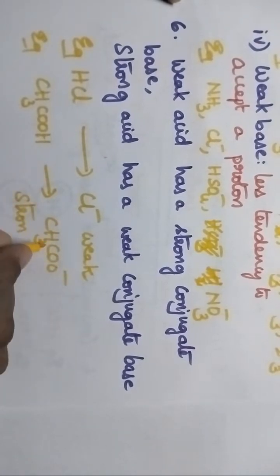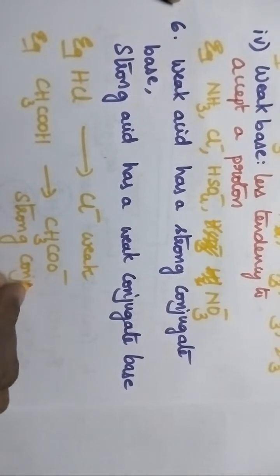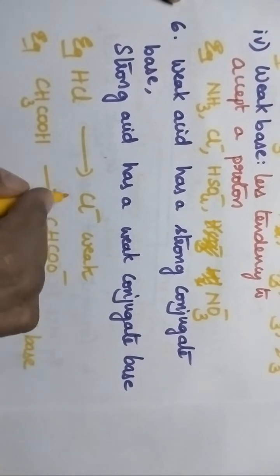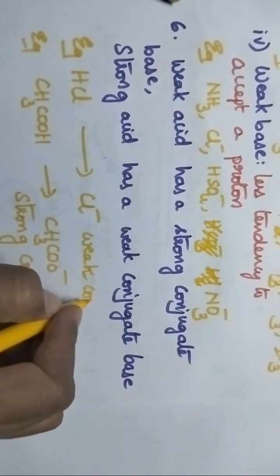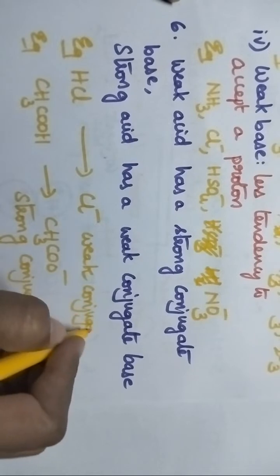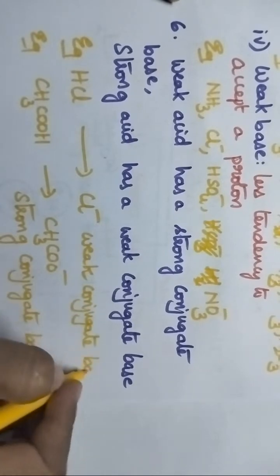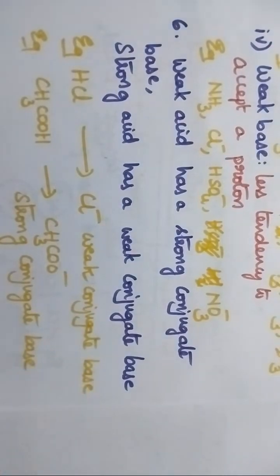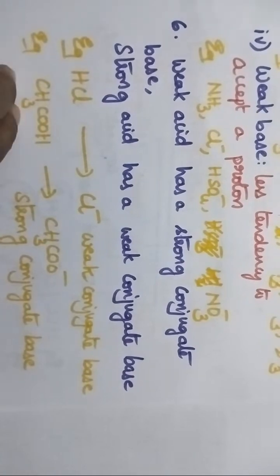So CH3COO minus is a strong conjugate base, whereas Cl minus is a weak conjugate base. That is all about the Bronsted and Lowry theory.